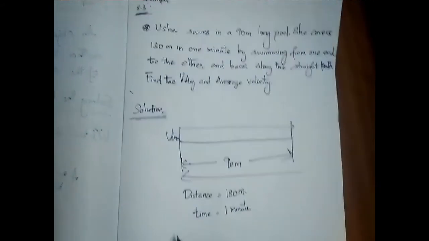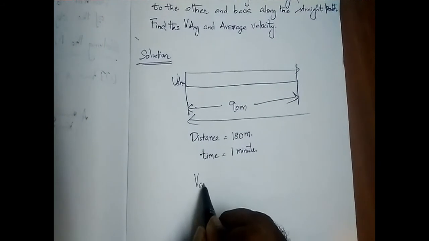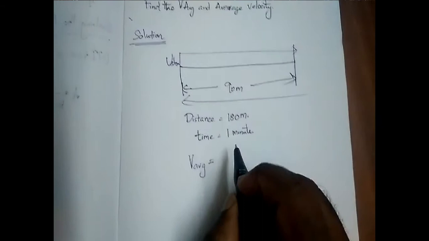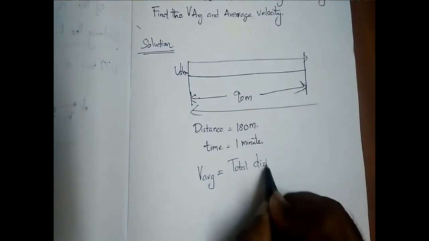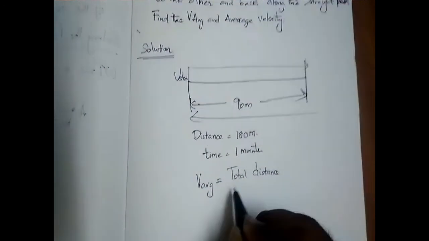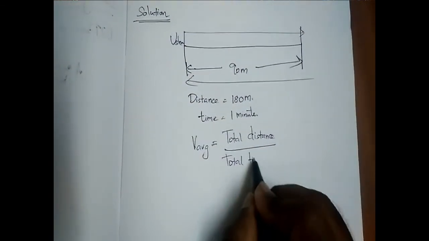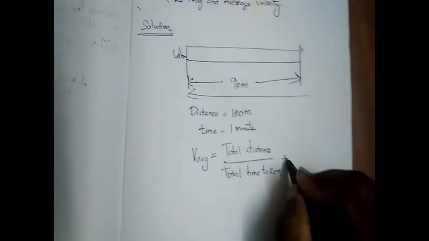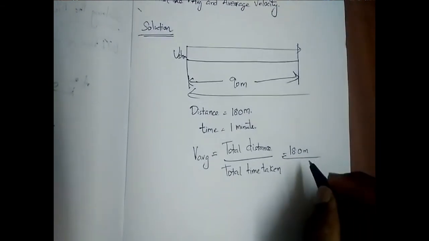Now what are we going to do? Average speed. What is average speed? Total distance traveled divided by total time taken. The total distance traveled is 180 meters, but the time is in minutes.